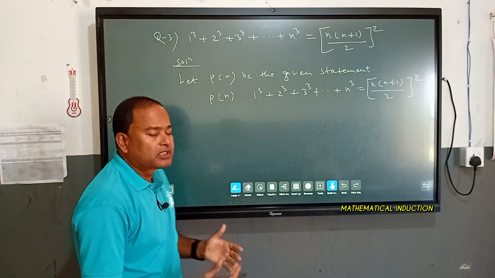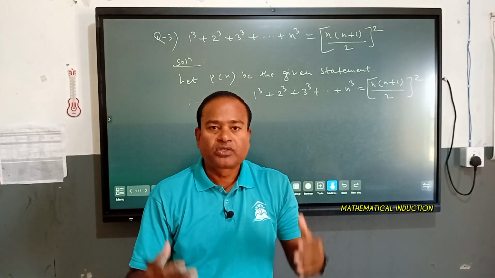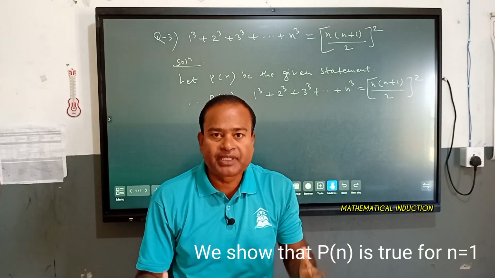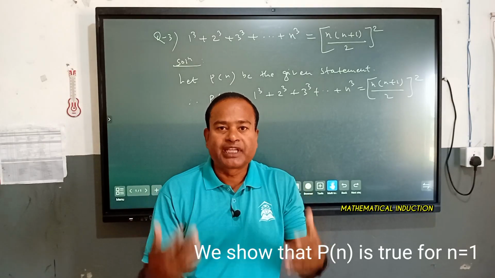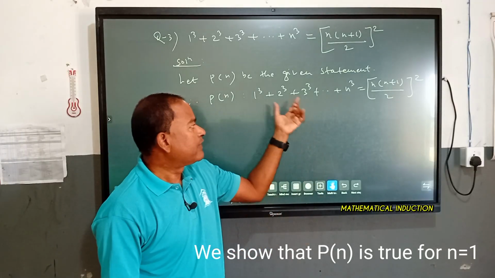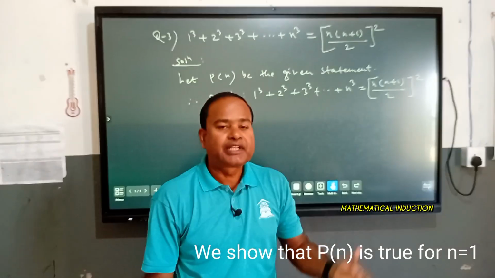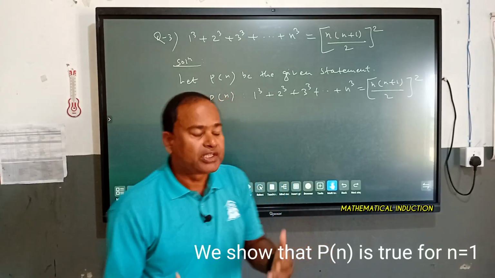Now according to the principle of mathematical induction, at first we show that the given statement is true for n equals 1. That means if we take the number of terms as 1, then the value of LHS and the value of RHS must be equal. So let us take the value of n equals 1.